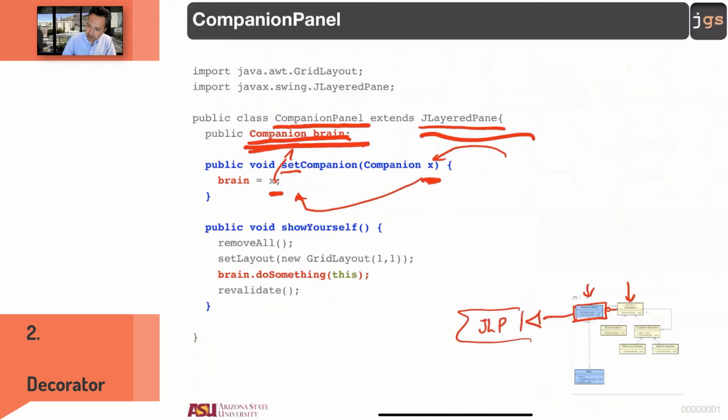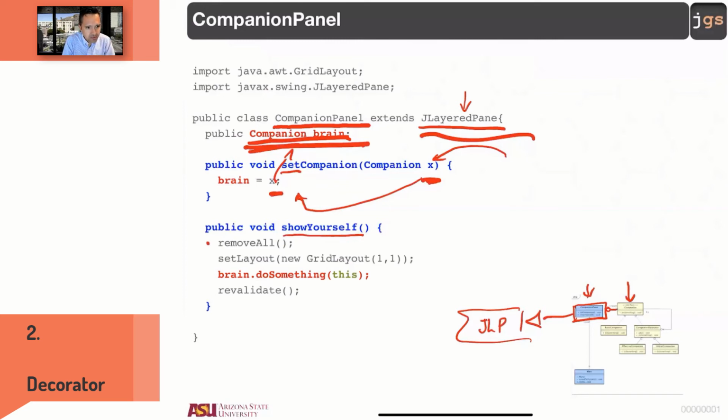Do you remember? We call this method. That is the method that is the operation. And the only thing that is going to happen in the panel when I call the show yourself is going to be, number one, remove all. That is a method that I am inheriting from the panel. What is it going to do?